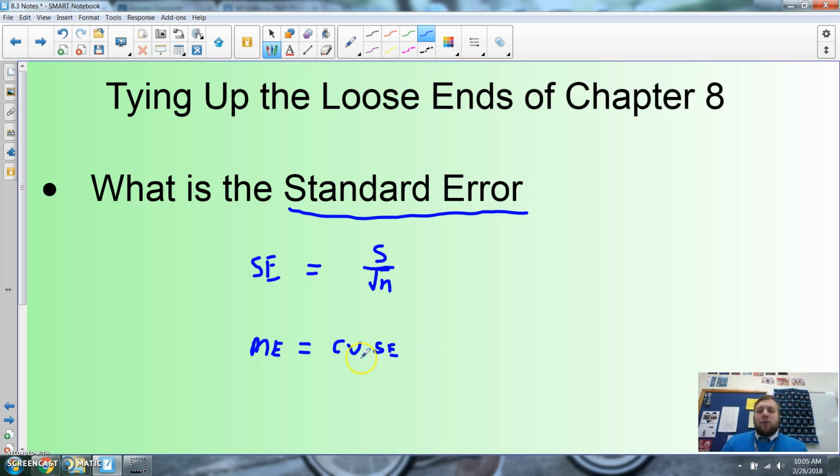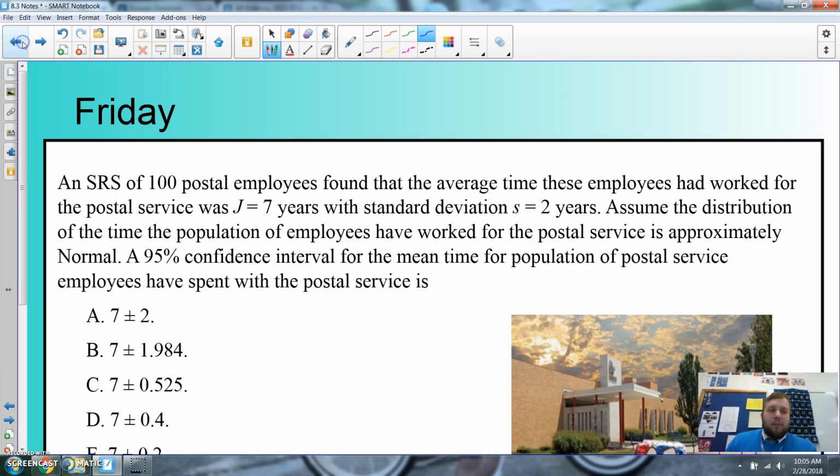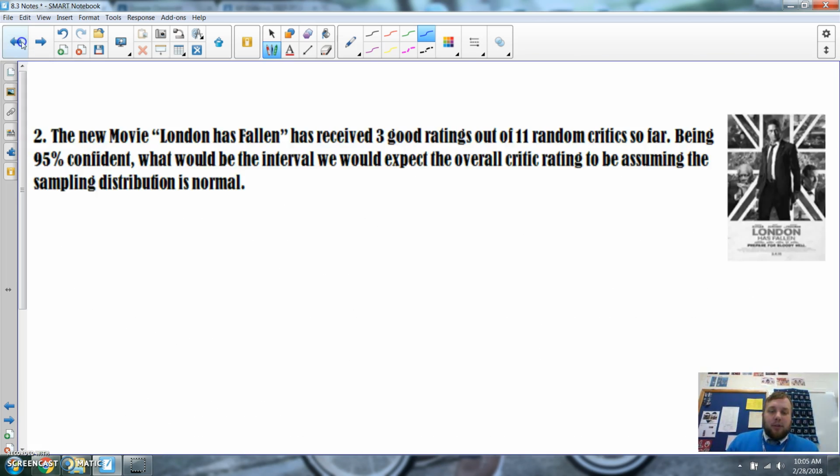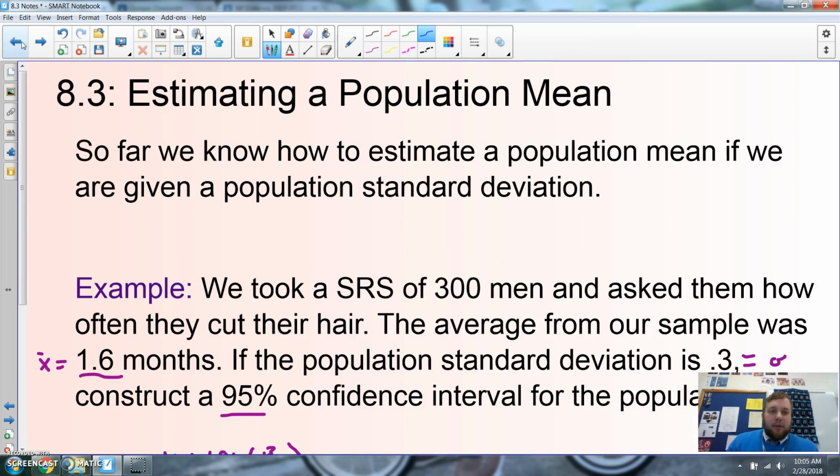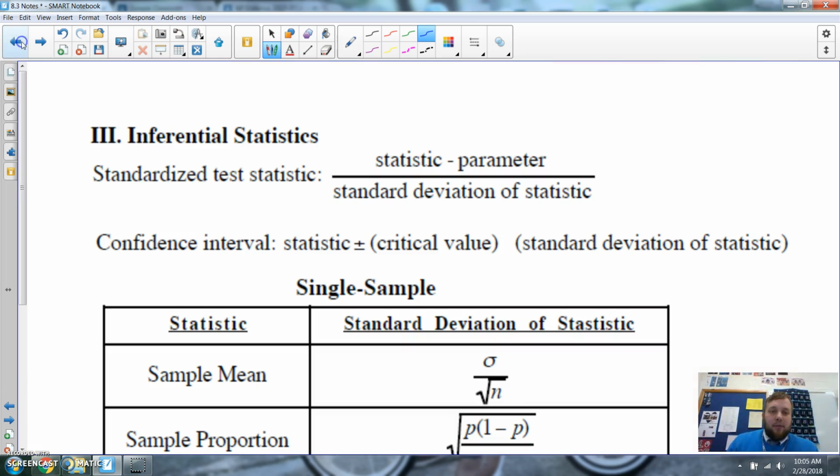Now, you can find some of this stuff on your formula sheet, and hopefully you found it. Notice on the inferential statistics page, it says here's your confidence interval.